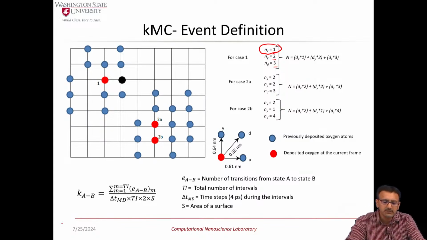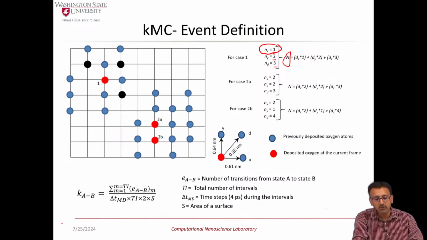So, depending on the site, for example, site 1, we have 2 neighbors along the y direction, 1 neighbor along the z direction, and 3 diagonal sites that are already occupied. Based on this, we can come up with a function n that says what sort of deposition site it is where the PCBM molecule will deposit.